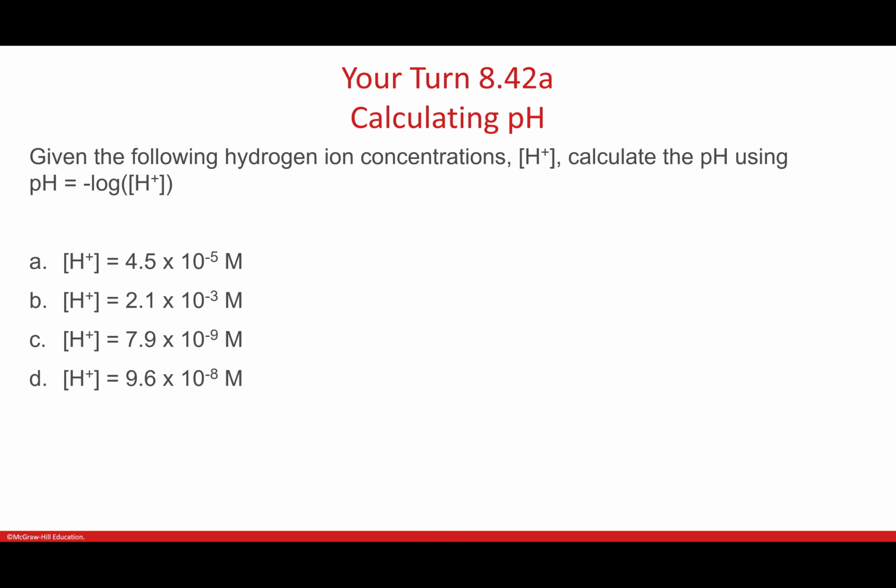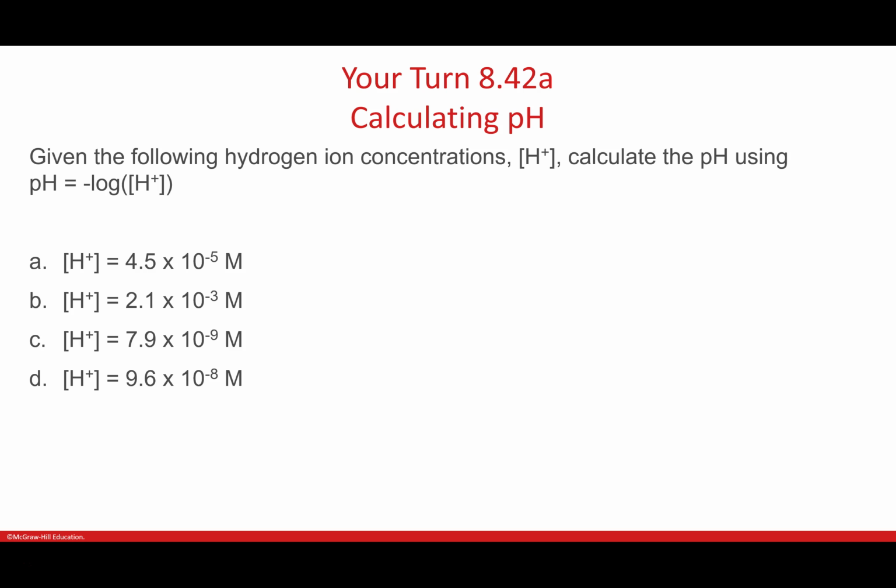But in the meantime, what we left off with was you guys knocked out the pHs for these 4 liquids, given the hydrogen ion concentration. You can do it with OH too, the same way.